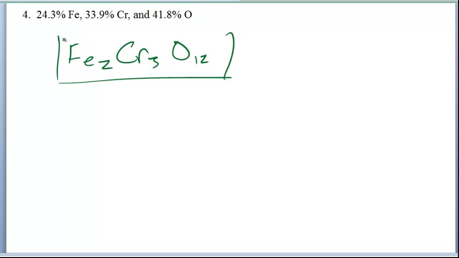Okay, so that is the empirical formula for number 4. Number 5, same type of problem, and here the empirical formula that you should get is C6H5F2N.